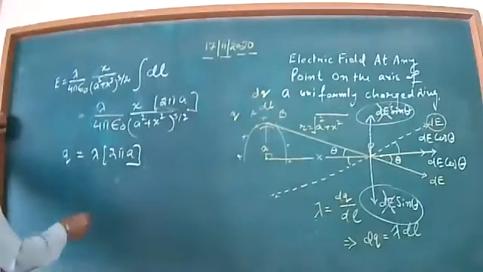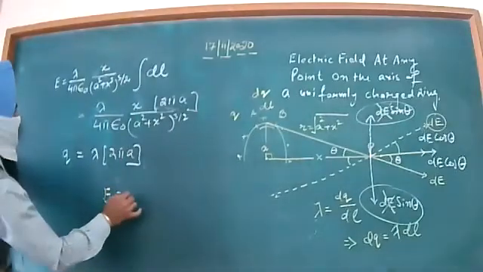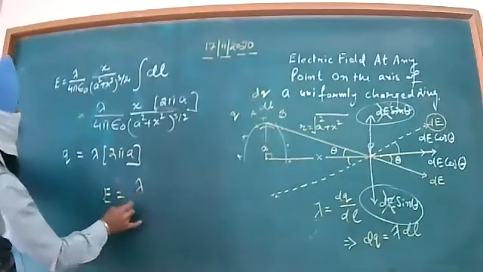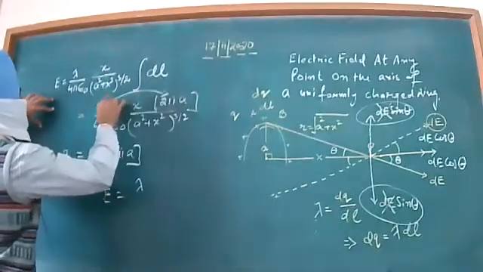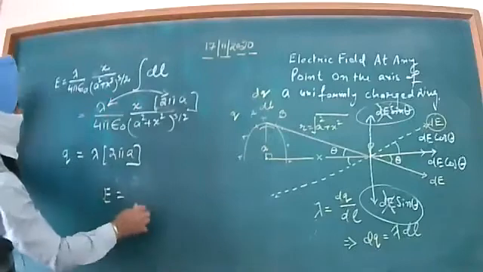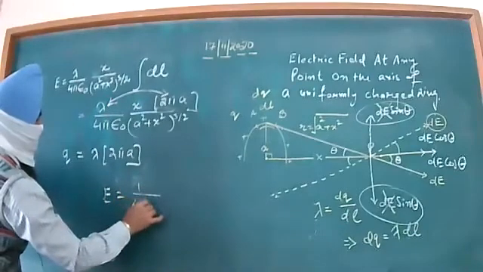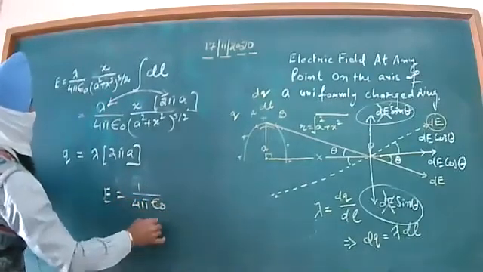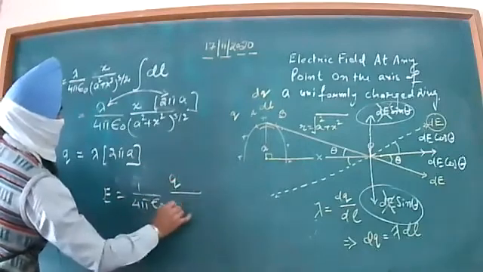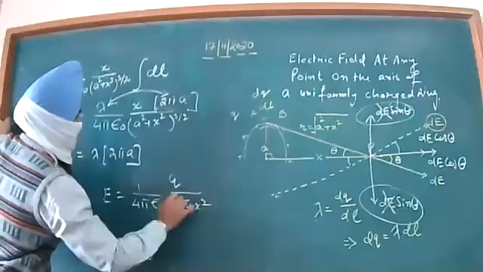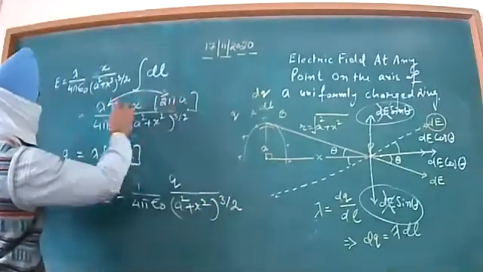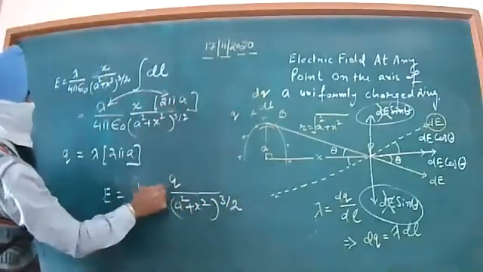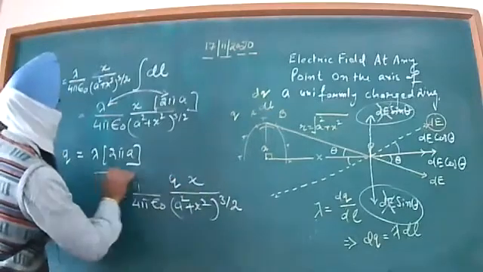See this electric field intensity E: lambda we have adjusted with this 2 pi a. Let us combine these two terms, not write lambda over here. This is 1 by 4 pi epsilon naught, and this is Q upon a square plus x square power 3 by 2, and this combined has given you Q, and x is as such.